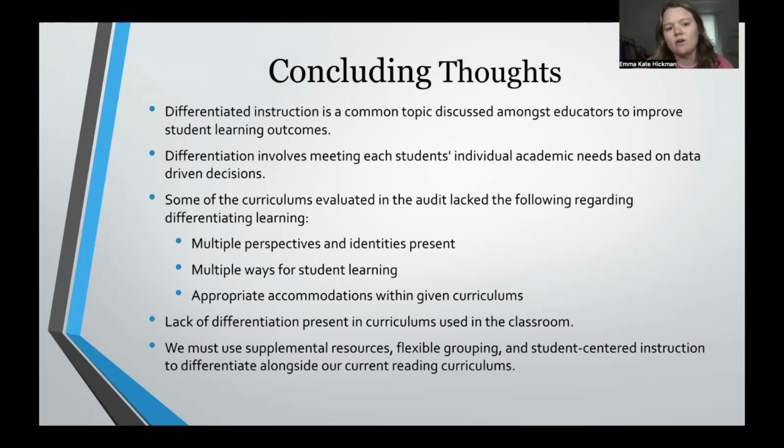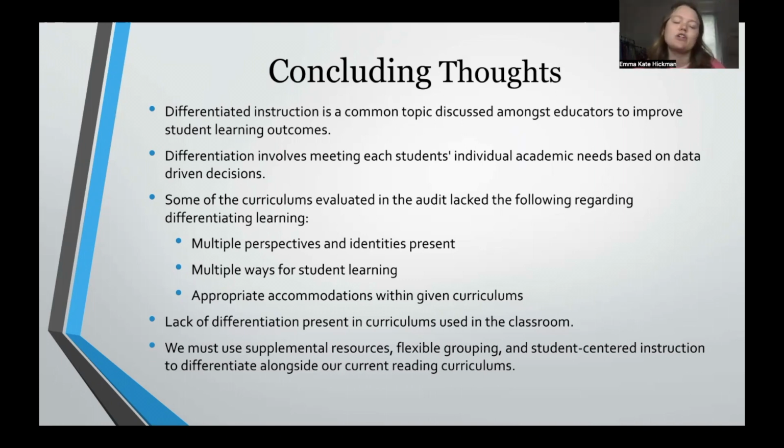And the next concluding thought was that differentiation involves meeting students' individual academic needs based on data-driven decisions, simply meaning that we have the data to support the differentiation that is occurring in the classroom.